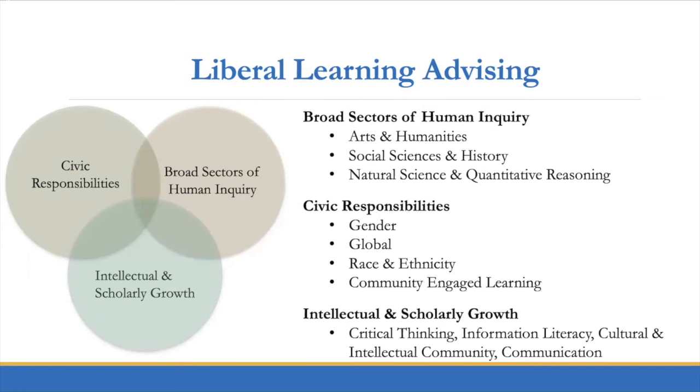I'm going to talk about the broad sectors of human inquiry on the next slide, but I want to make sure that we see that there are civic responsibilities and intellectual and scholarly growth as well. Students need to take a class that fulfills each of those civic responsibilities, and then IDS 102 will fulfill their intellectual and scholarly growth.